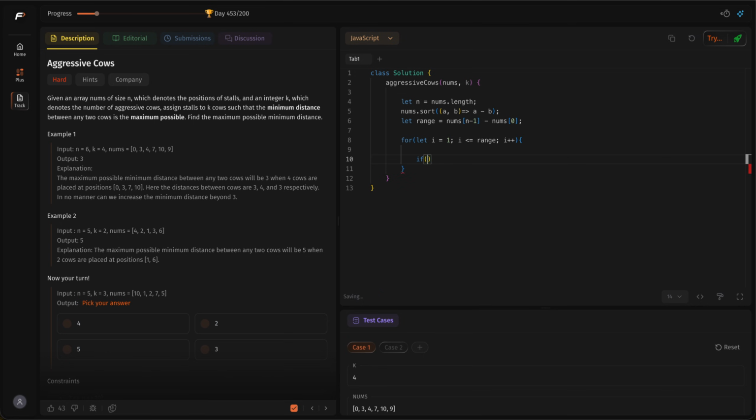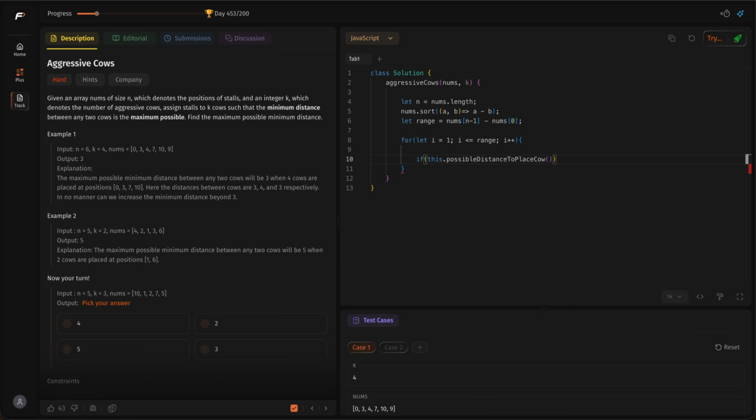a condition: if this is a possible distance to place cow. So this function will return me whether it is a possible distance to place the cow or not.